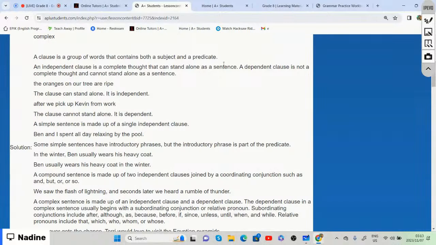And then we have an independent clause. An independent clause is a complete thought that can stand alone without needing another sentence. So it can stand alone. It is independent.